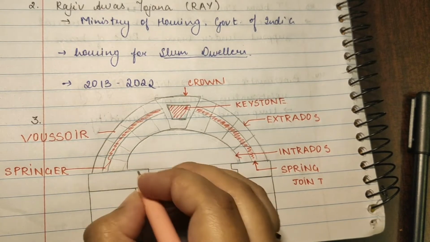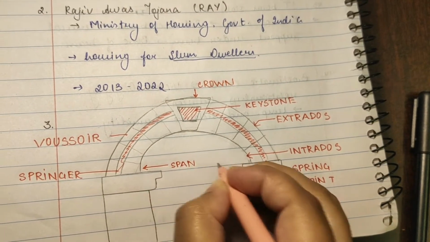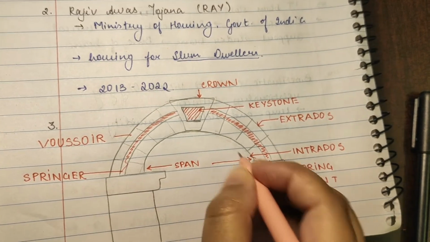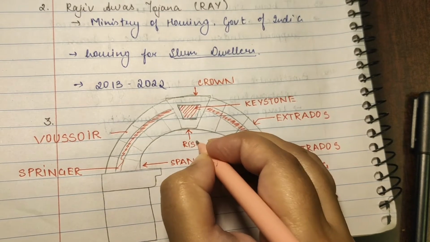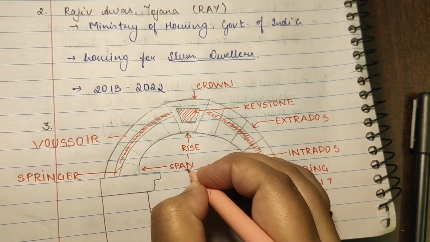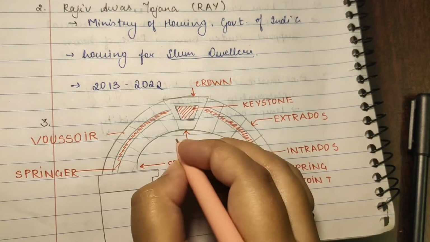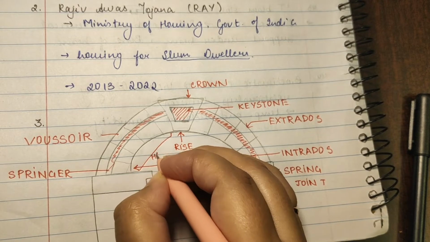From here to here it's called span. From here it's called rise, till here only. From here to this part it's called haunch.